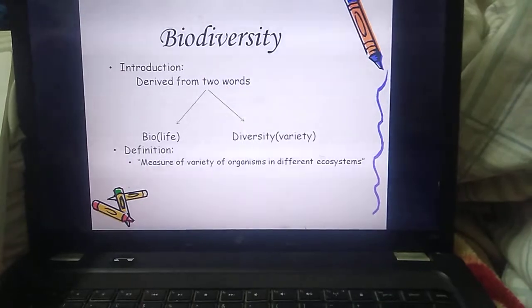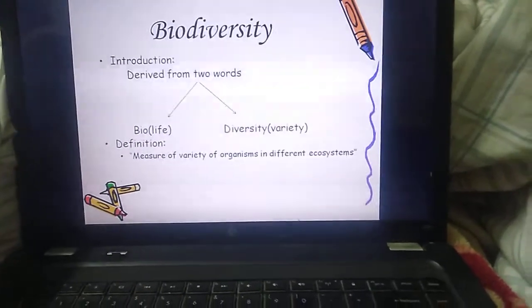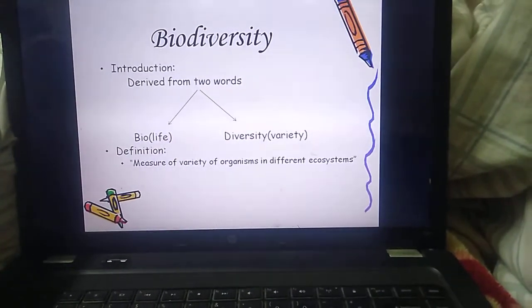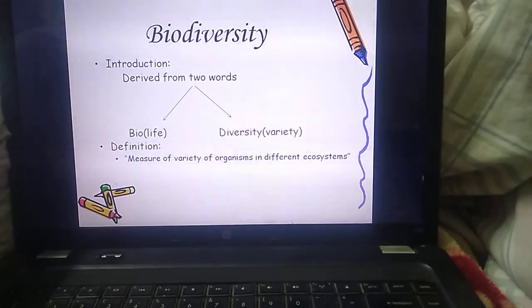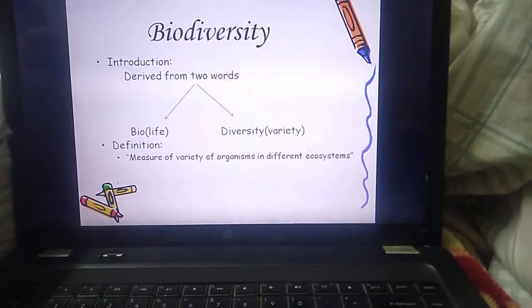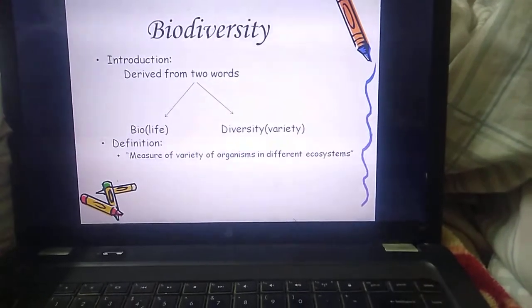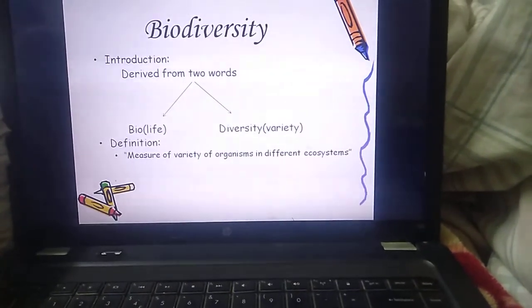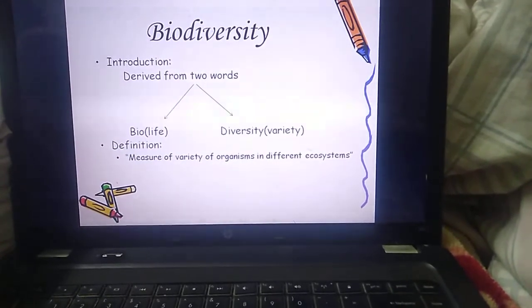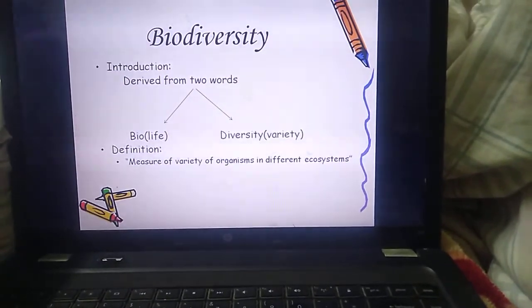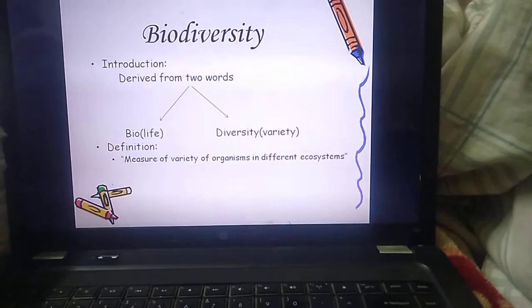So, the definition includes a measure of variety of organisms in different ecosystems. Measure means quantity of organisms and ecosystem means area where living and non-living interaction occurs.